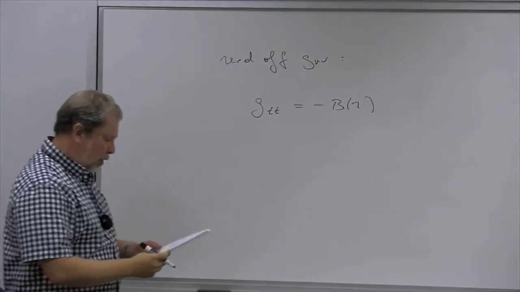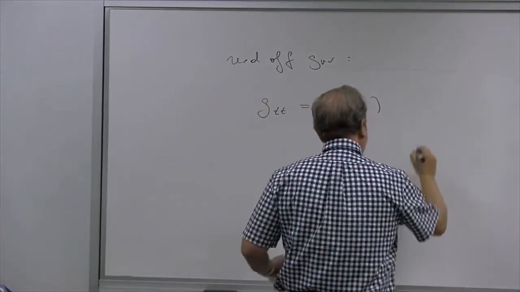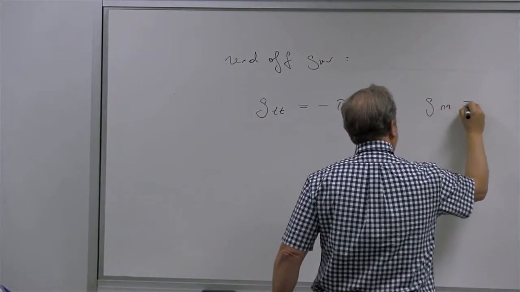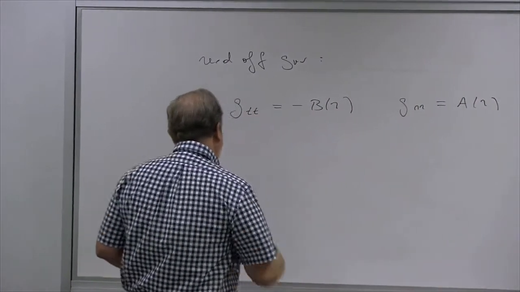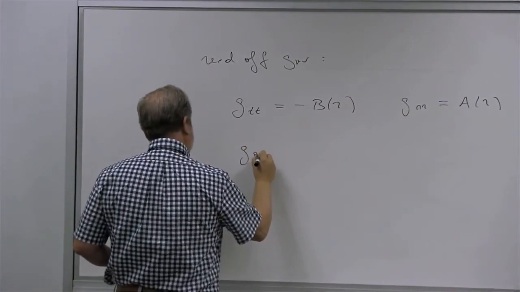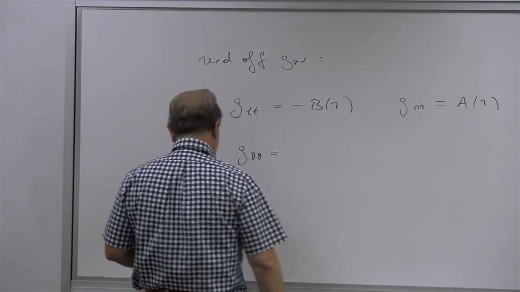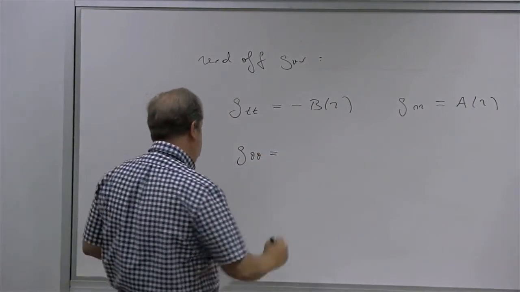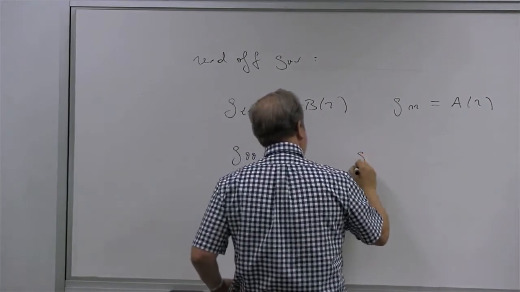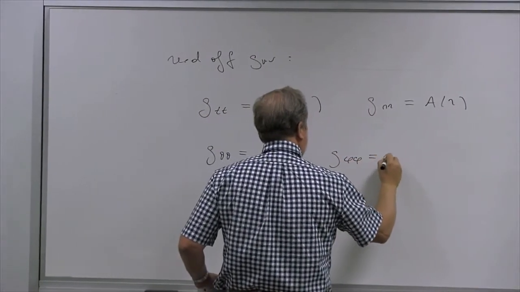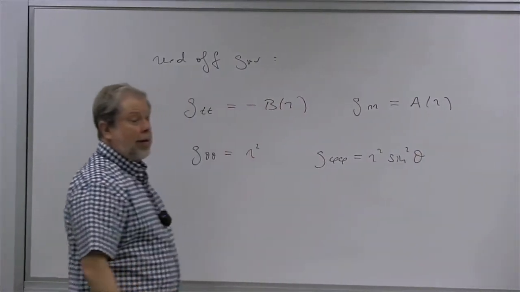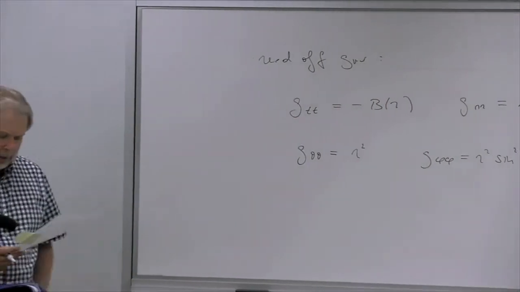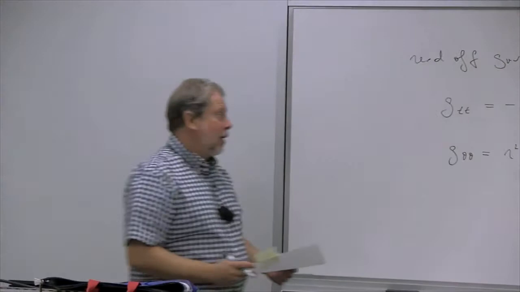And then we have the g_rr, which is A of r here. Then we have the g theta theta, which is just r squared, and the g phi phi, which is r squared sine squared theta. And that's all there is to it. And so that means the metric is diagonal.